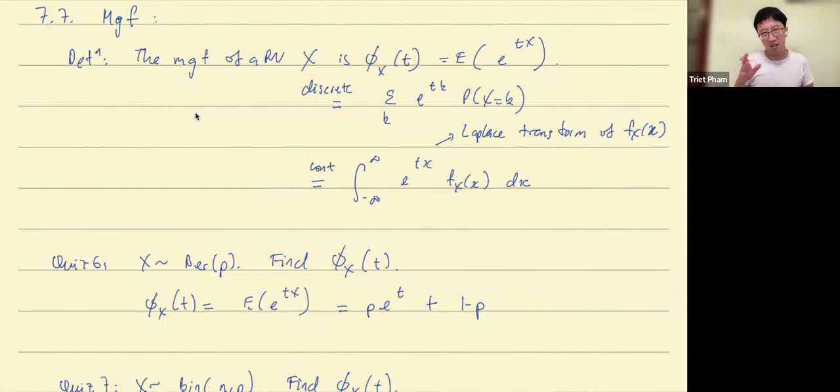You have a density, and you want to transform it into a function of t. Why do you want to do that? That's one of the deep secrets of the universe. Basically, when you do that, some interesting properties happen.